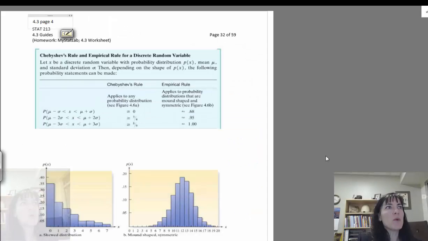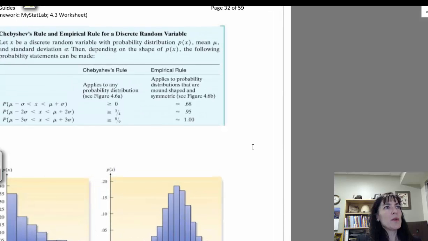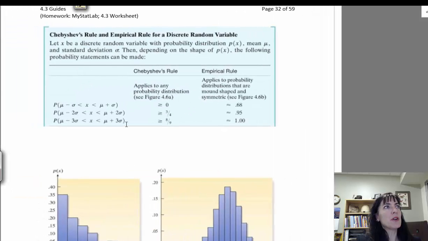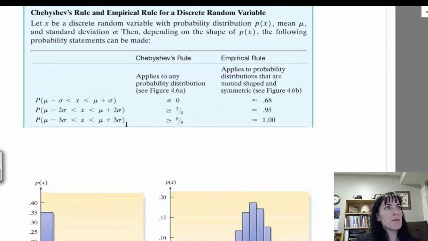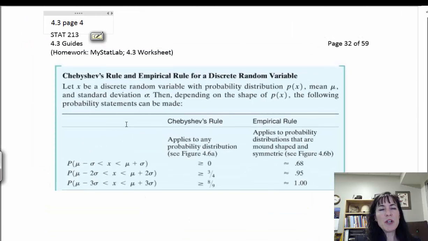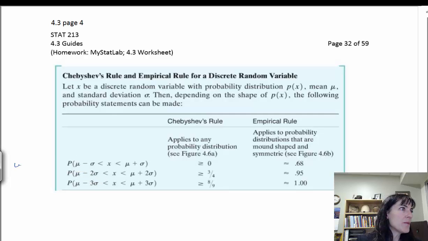Okay, just like before, we can apply the empirical rule and Chebyshev's rule if we know the shape of the distribution. So it's the same thing. We have to know the shape of the distribution, even when we're talking about probabilities. And so we're looking for these intervals here. This is within 1 standard deviation.